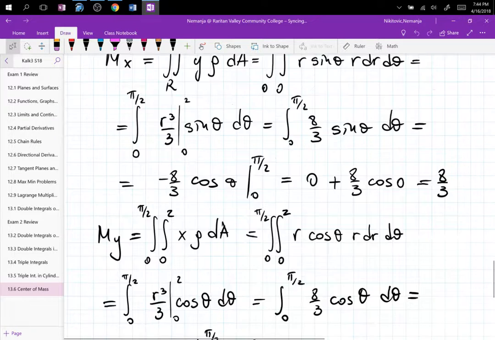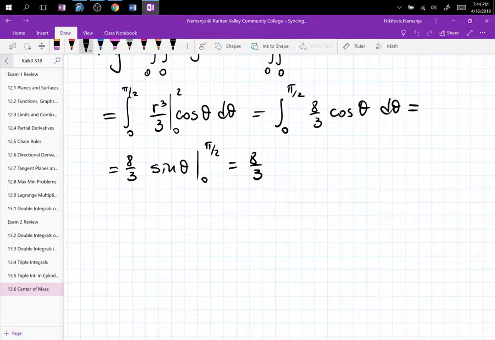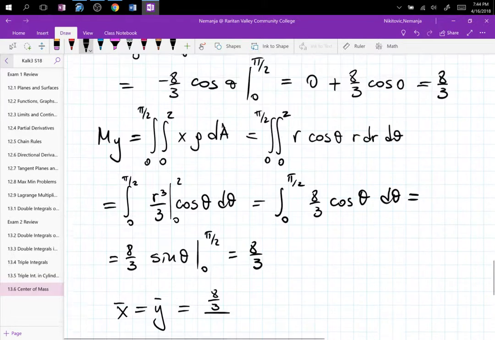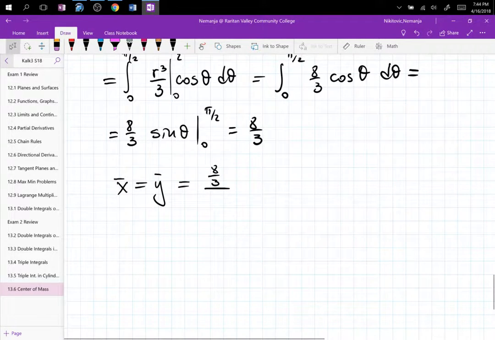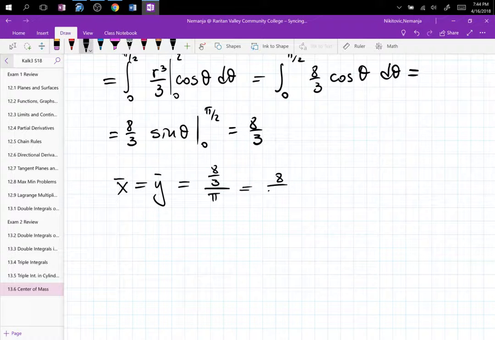So x bar is the same as y bar, and it's going to be 8/3 divided by the mass, which is pi. So the whole thing is 8/3 pi.